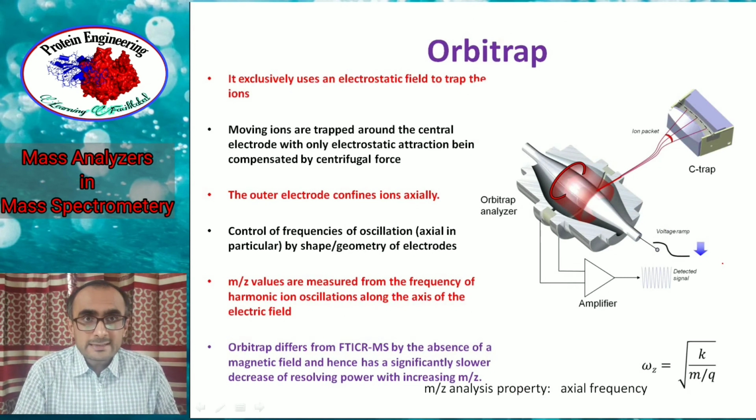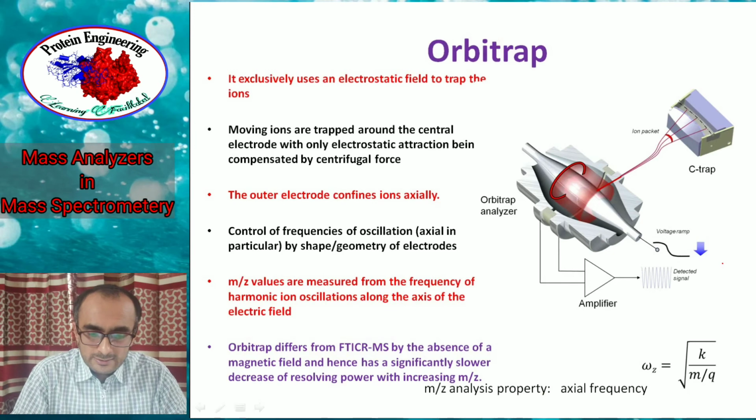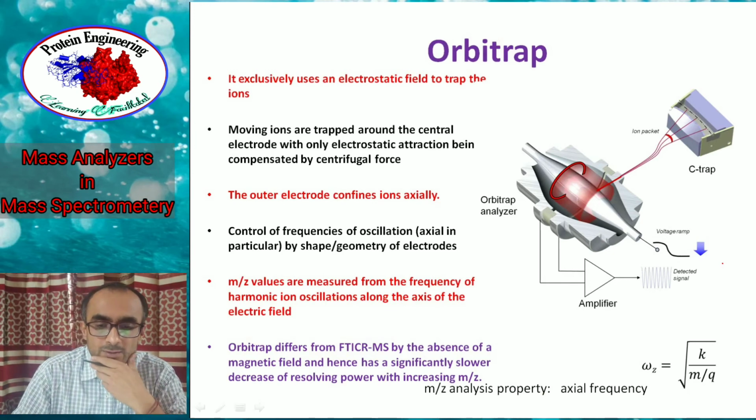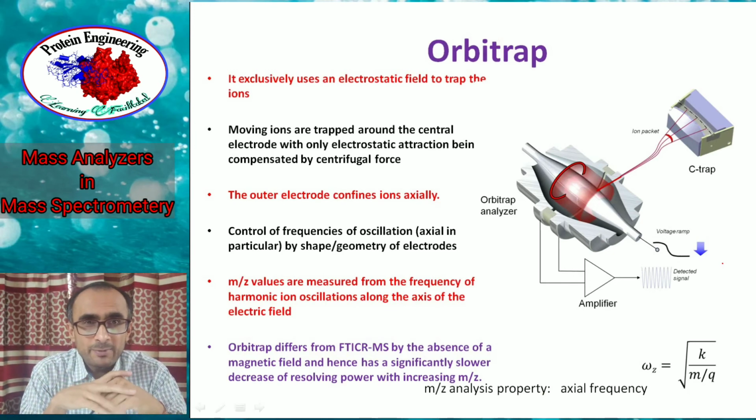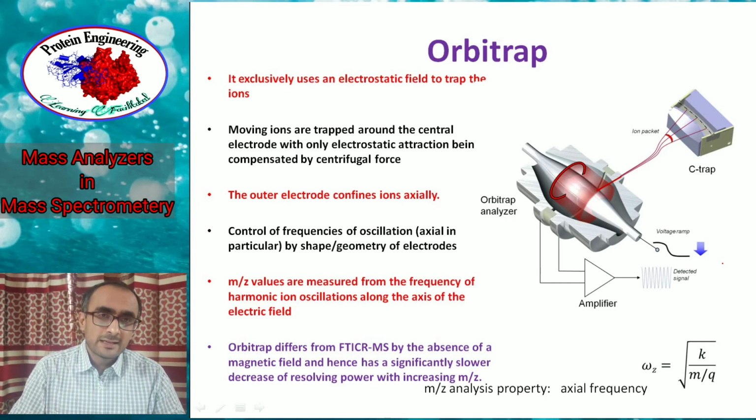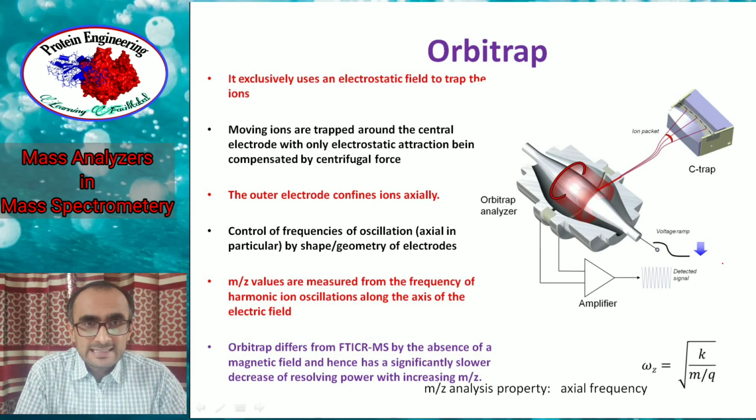Another very recent modern type of mass analyzer is called Orbitrap. It has a similar principle to FTICR. The only difference here is that you don't use a magnetic field. Instead, there are 3 electrodes.